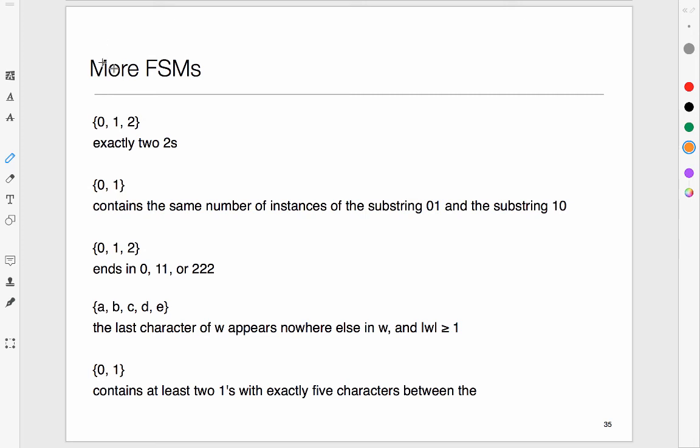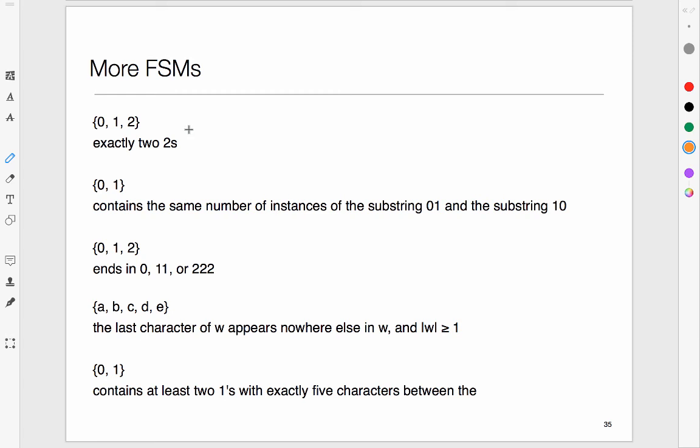And I'm asking you the following: I'm going to send you these symbols, and then I'm going to stop. I'm going to send you some sort of a stop signal. So maybe there's a third input, a stop signal. And what you have to tell me is, for the bits you have received until the stop signal, what was the pattern there? This state machine is saying that the string I received had exactly 2 2s.